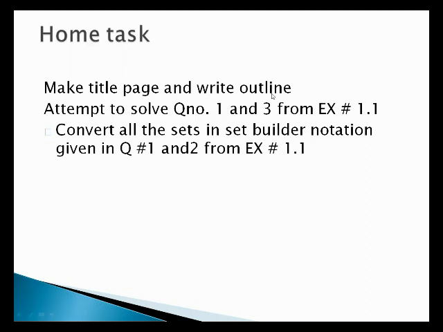And then write outline. In outline, you will write in what way you are doing your work. According to the paper, your paper consists of objective, short question answer and descriptive. So you will write the three categories in your outline.